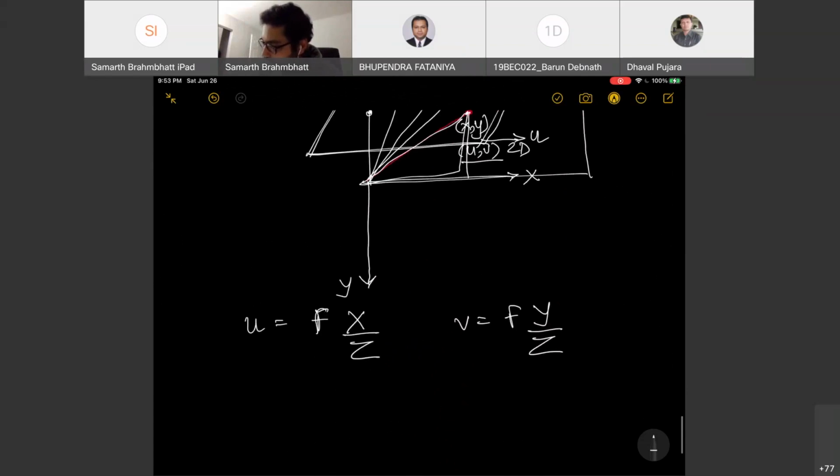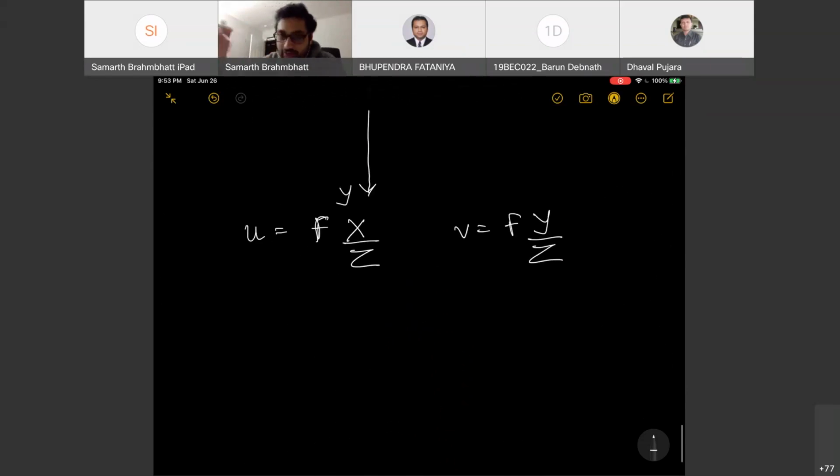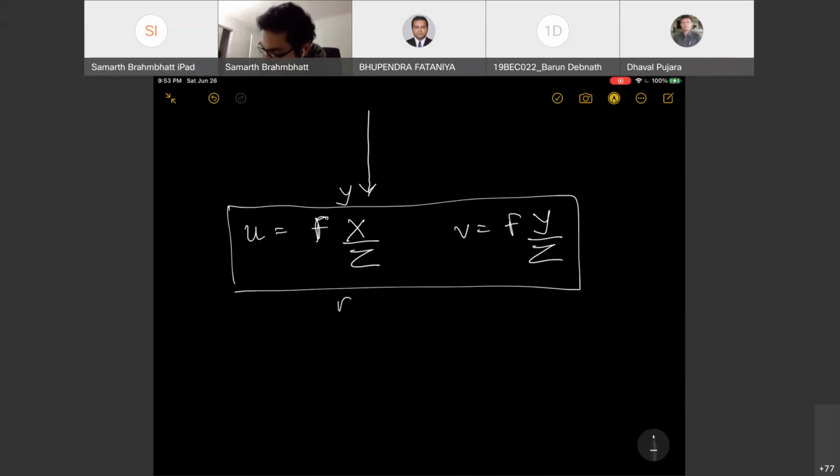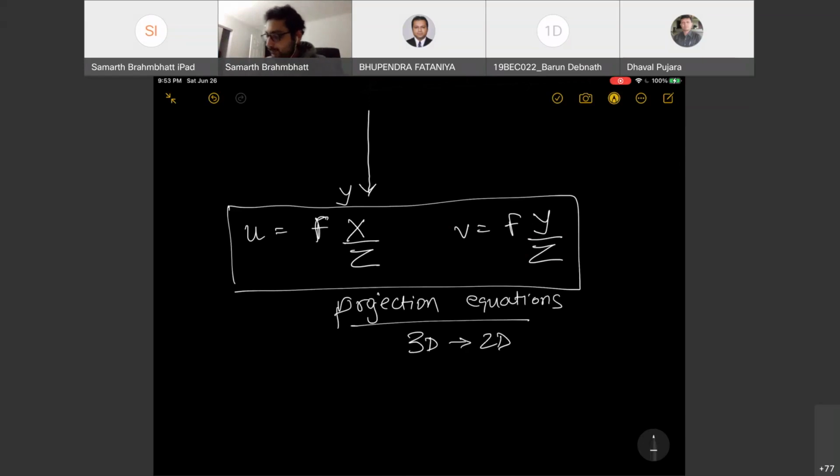You have similar triangles, but they are going to be in 3D. So these are what is called projection equations. They convert from 3D to 2D.